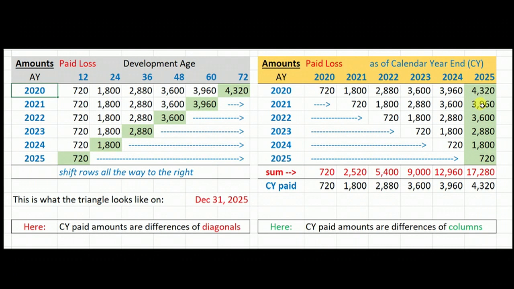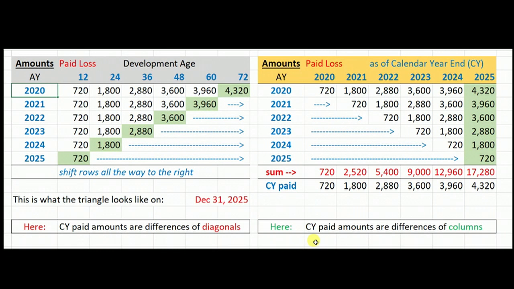Now, the difference between successive diagonals in this triangle is the same thing as the difference between columns in the alternate format triangle, and it's obviously a lot easier to take the sum of a column than the sum along a diagonal, and the calendar year paid then is just the difference between these points here. So 720 is 720 minus 0, 1800 is the 2520 minus 720, and so on. So that's just a useful little trick.